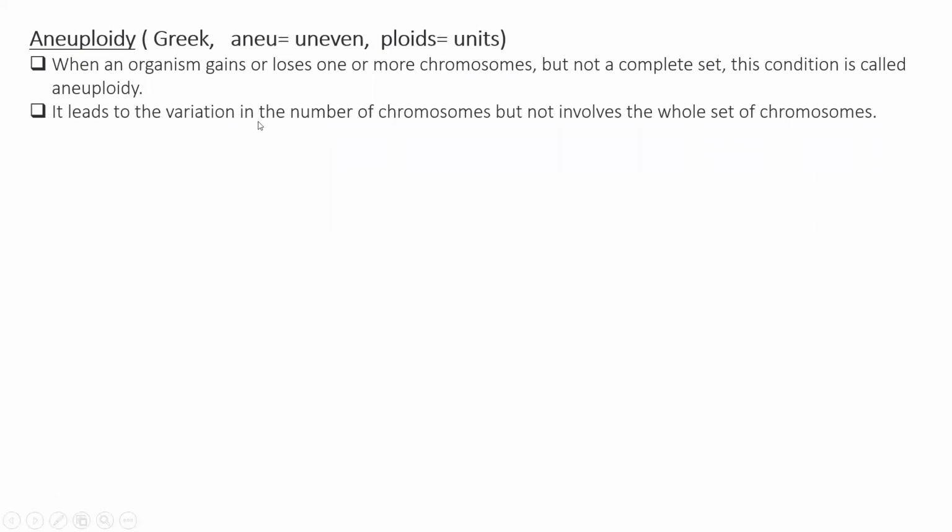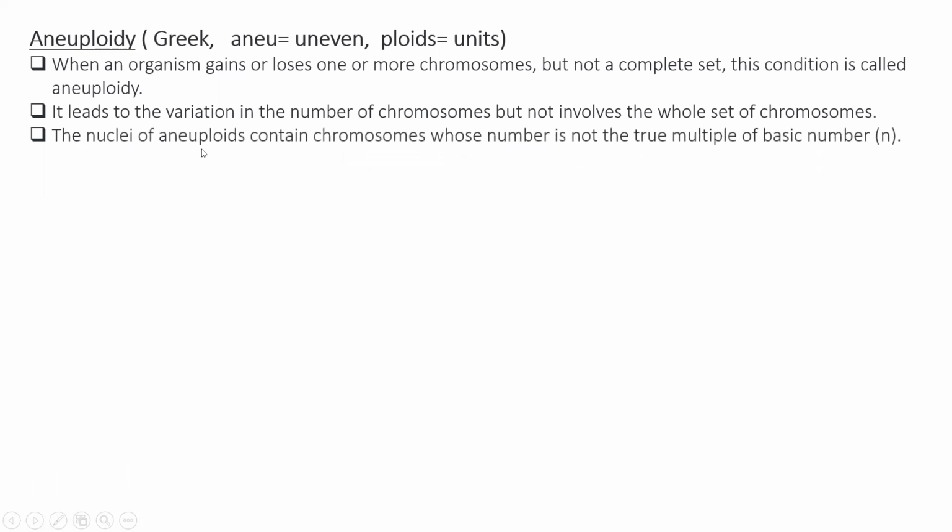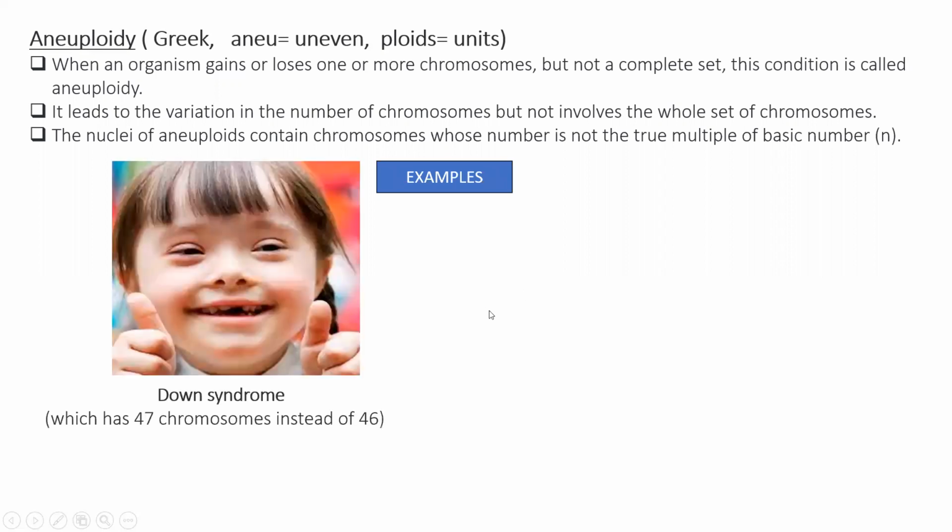Aneuploidy leads to variation in the number of chromosomes but does not involve the whole set of chromosomes. The nuclei of aneuploids contain a chromosome number that is not a true multiple of the basic number. So the actual normal number of chromosomes will not be found in the cell nucleus if there is a variation in the chromosomes. Let's see some examples where aneuploidy occurs. First is Down syndrome.